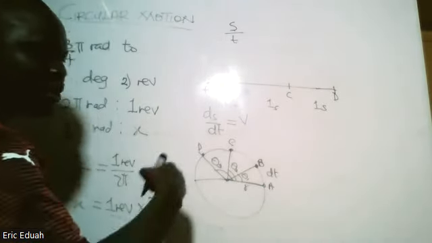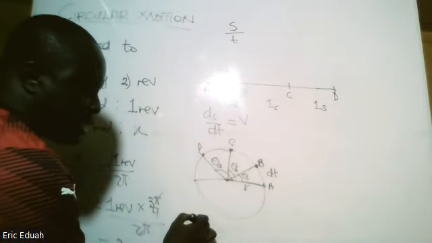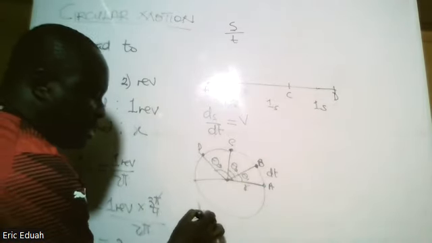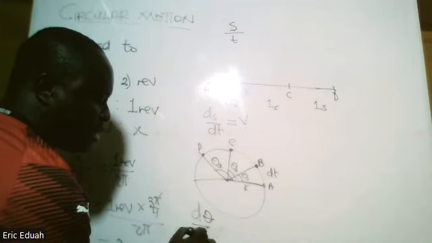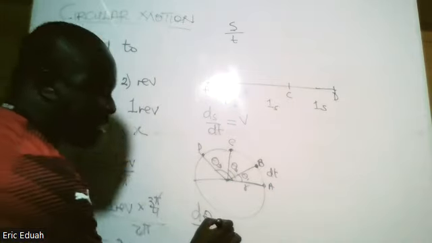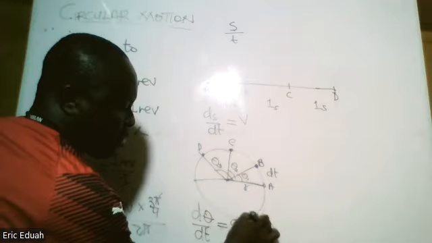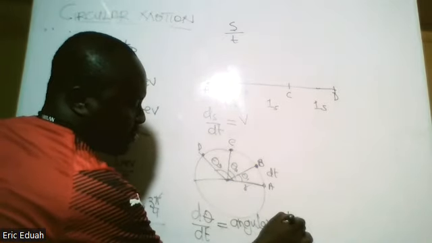So when there is rate of change of angular displacement with time, dt, it also gives us a new quantity we call angular velocity.